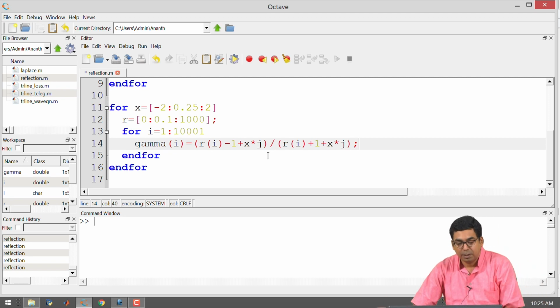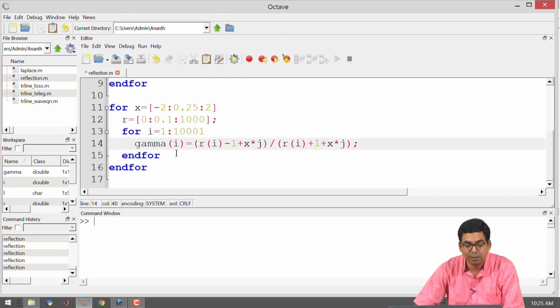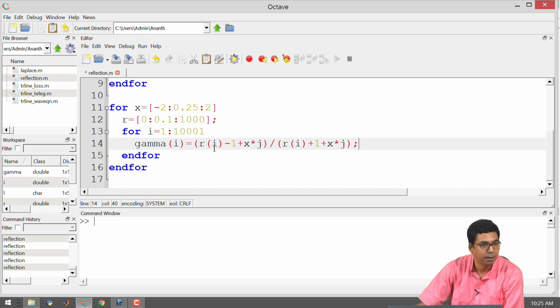The formula is similar to the case that we had written in the previous loop, just that because I am using variable reactance in the first loop and variable resistance in the second loop, the subscripts or the array indices are coming in different positions, but the form is same. It is r minus 1 plus jx divided by r plus 1 plus jx.